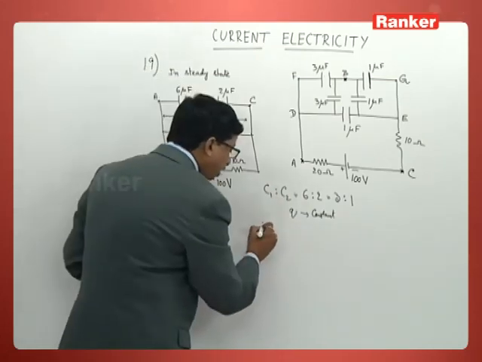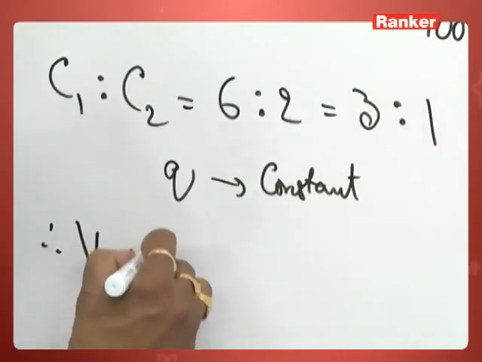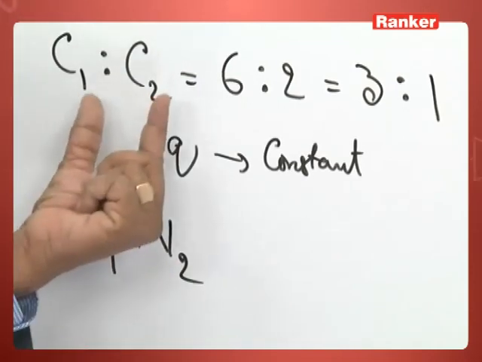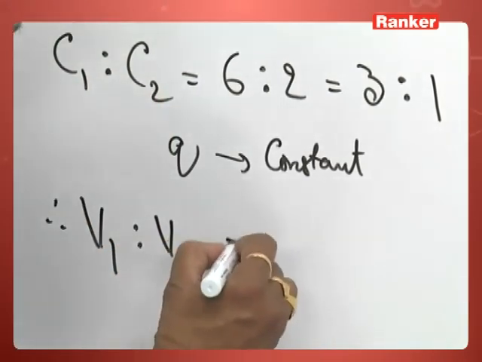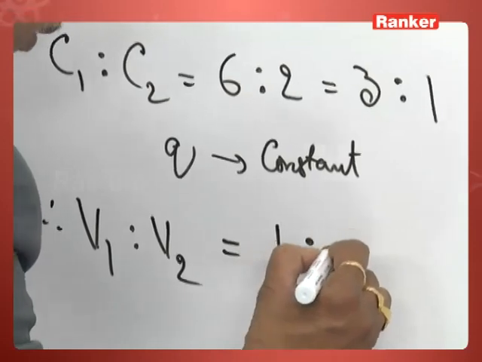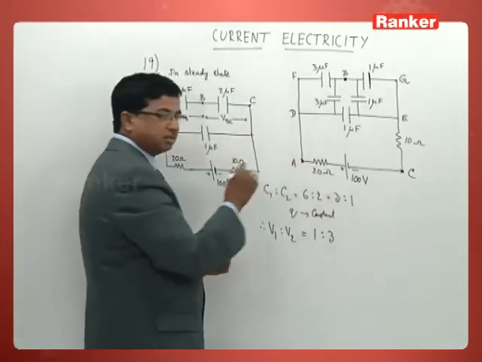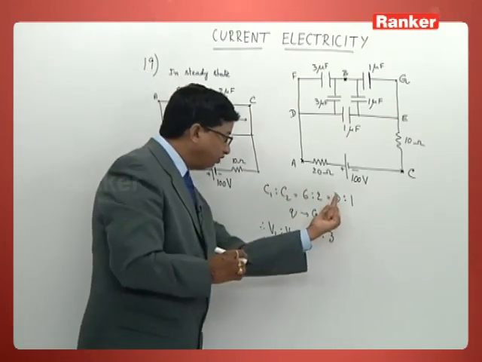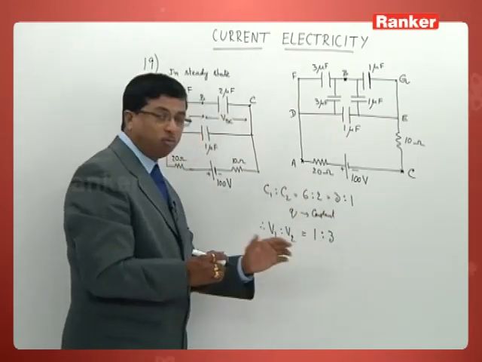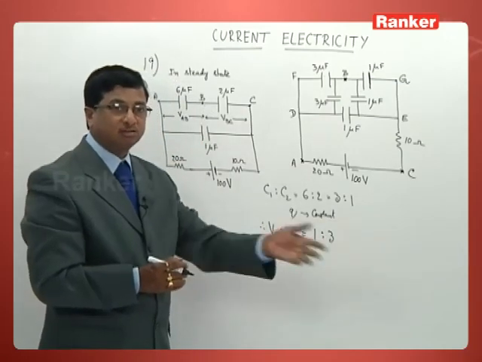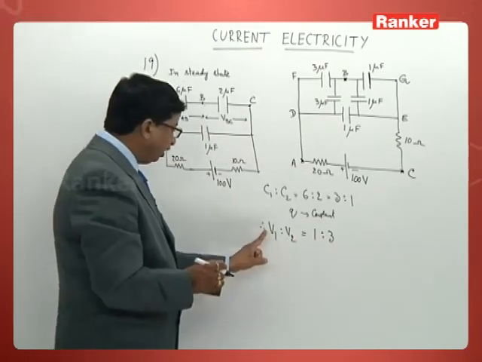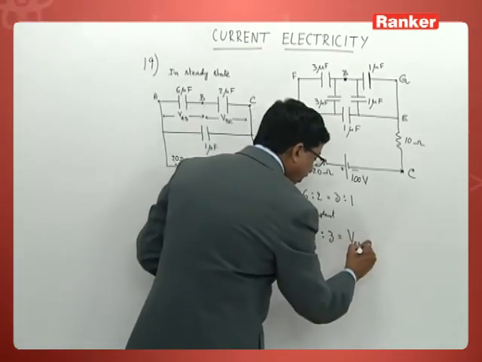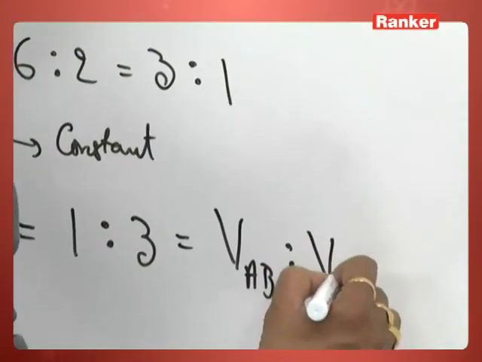So what can I write now? V1 is to V2. V1 is the PD across C1, V2 is the PD across C2. That now must be in the reverse order of capacities. In the reverse order means when this ratio is 3:1, this ratio must be 1:3. And you can understand what V1 means here. V1 is VAB. What does V2 mean?